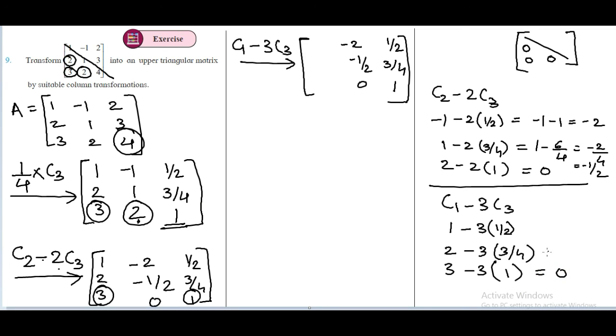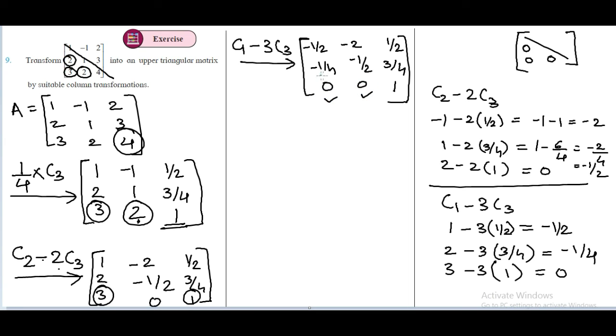The second last element will become minus 1 by 4, and this will become minus 1 by 2. Okay, so it will be minus 1 by 2 over here, minus 1 by 4 over here, and 0 over here. So we have got 0 at 2 required places.